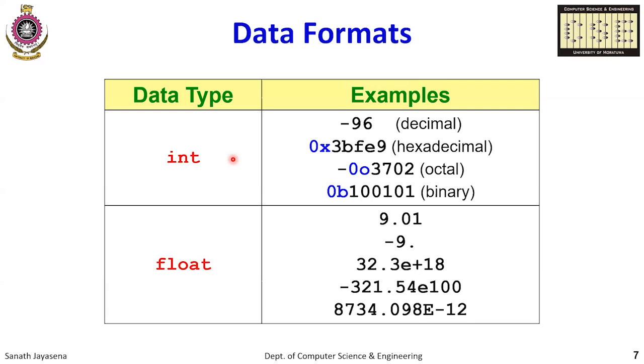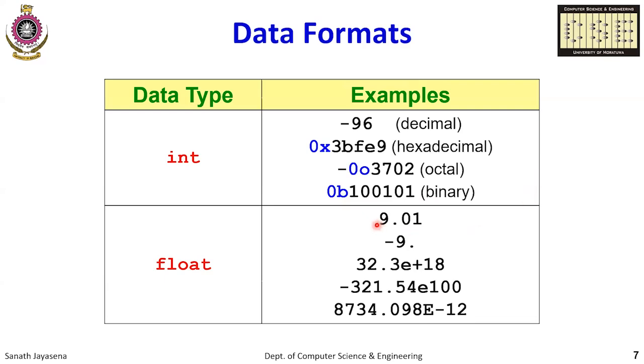And then finally, here we show how we represent binary numbers in Python. 0 followed by B indicates that the remainder will be a binary number. This 100101 part is the actual number, right? So these are some examples.